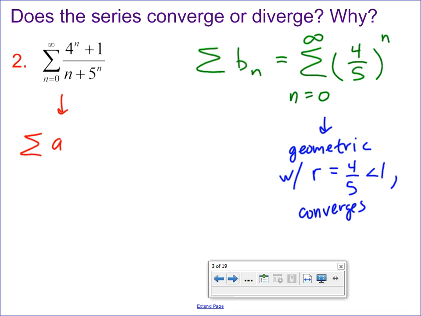So we say our original, call it the sum of a sub n, is less than or equal to my known b series for n greater than or equal to N forever after.